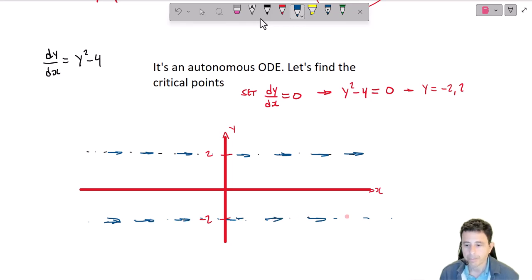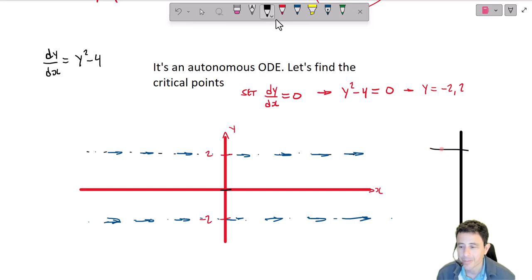Okay, now we need to pick a point in between those two. The easiest one would be at 0, right? Let's see what happens at 0. Notice that I don't care about x because x doesn't influence anything in here, so I just pick y. So here at 2 and negative 2, we know the derivative is 0.